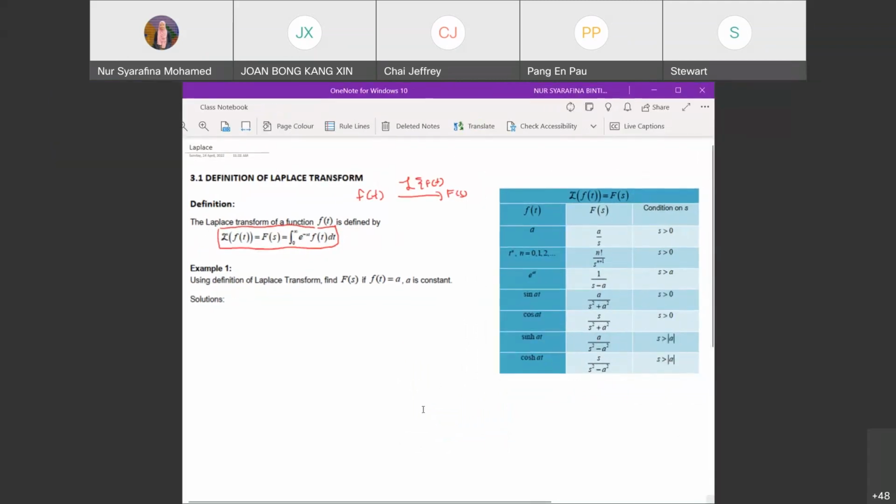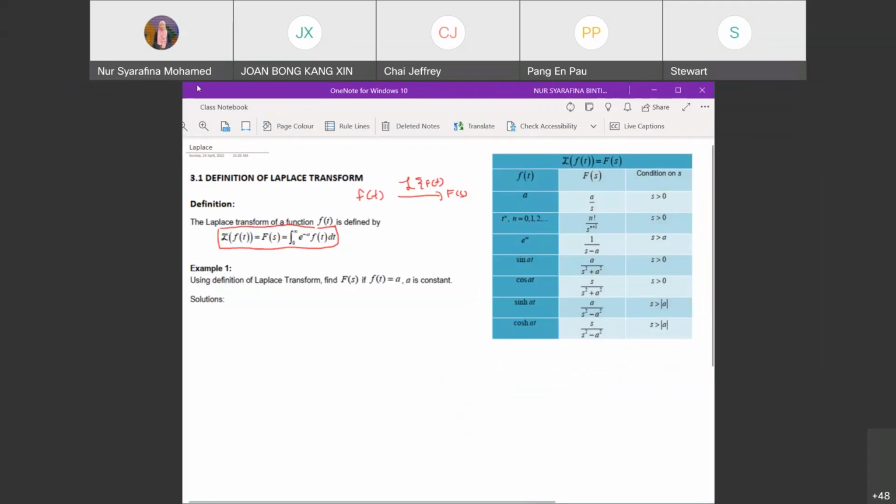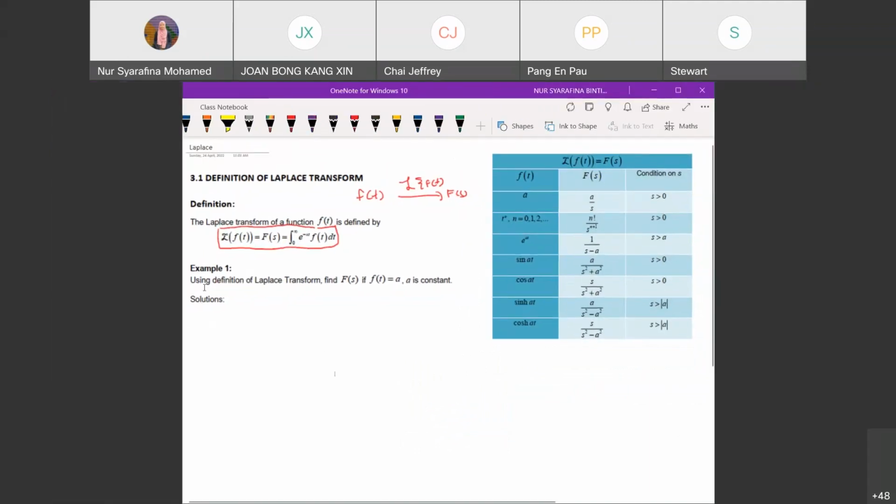So now, here, as you can see, this is the definition of the Laplace transform, where if you want to transform f(t), the Laplace transform of f(t) will give you F(s). How?